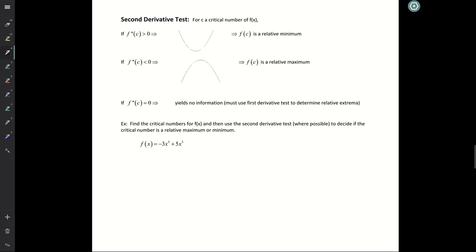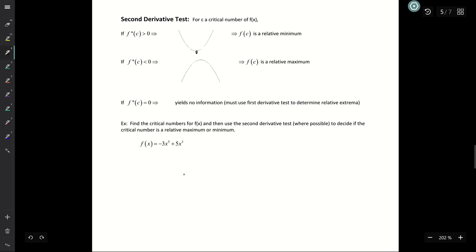But there's a theorem that says if you have c being a critical number of f of x, so c would be found by taking the first derivative and finding where the first derivative is either 0 or undefined, and you evaluate the second derivative at that critical number and find you have upward concavity there, that's going to indicate that you have a relative minimum.